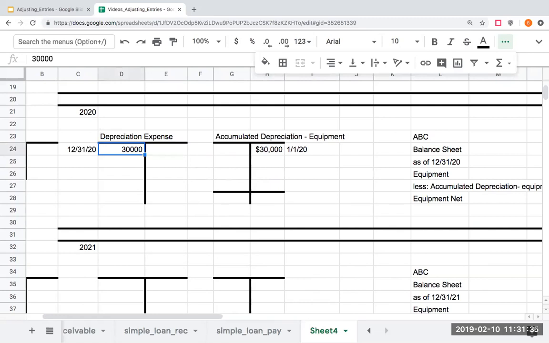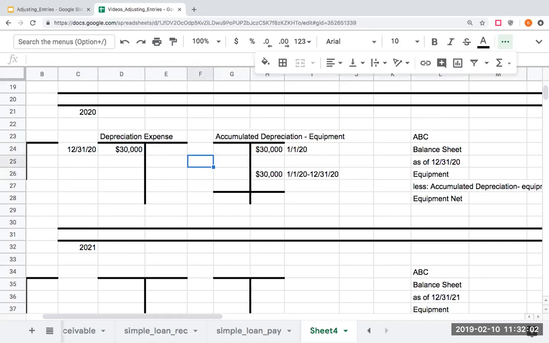Now, my journal entry to record depreciation expense never changes. It's always going to be a debit to depreciation expense, and then a credit to accumulated depreciation, equipment.